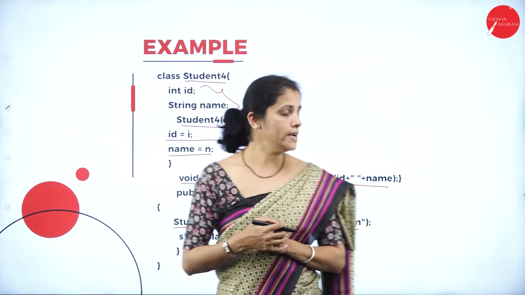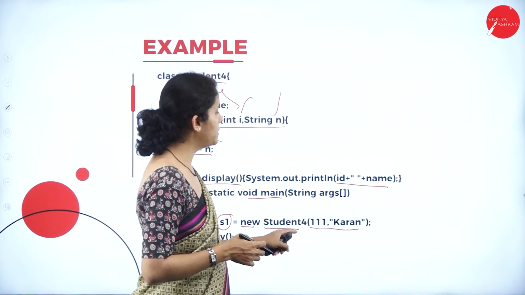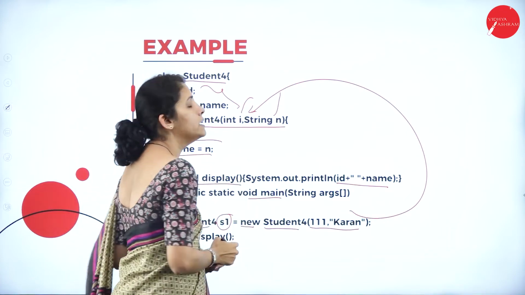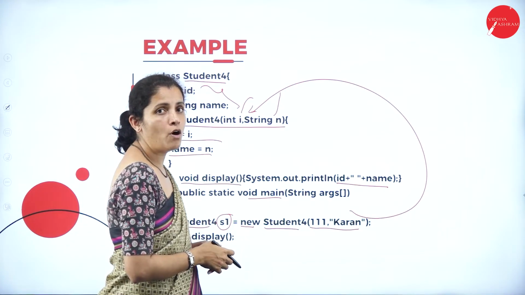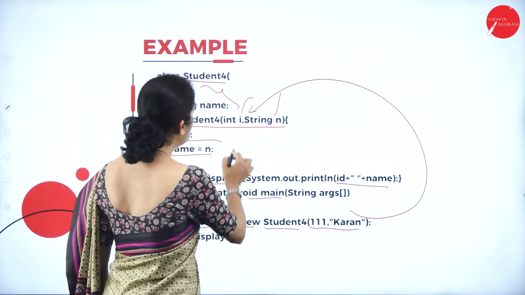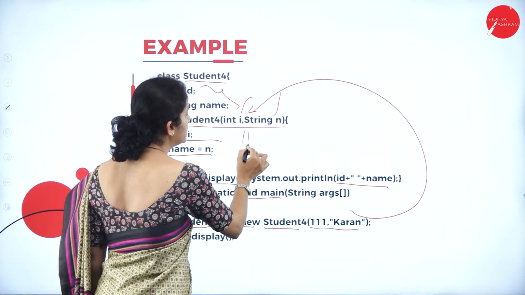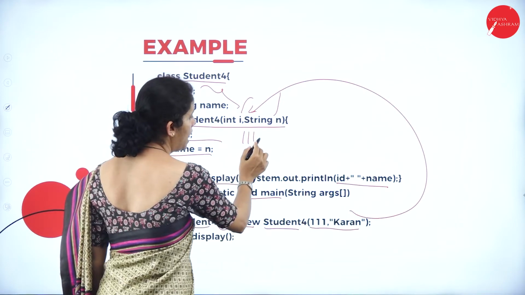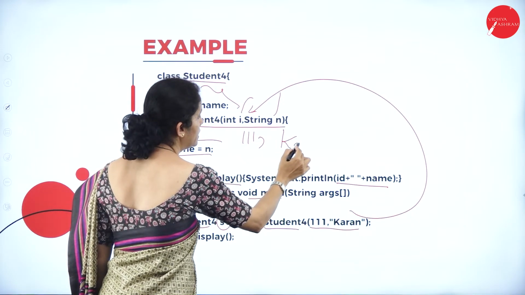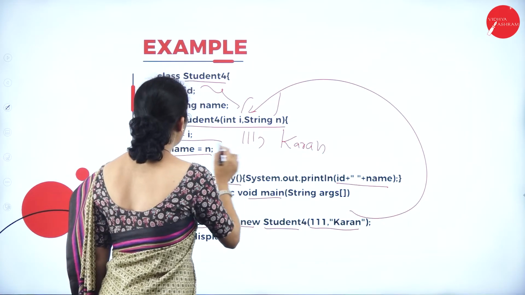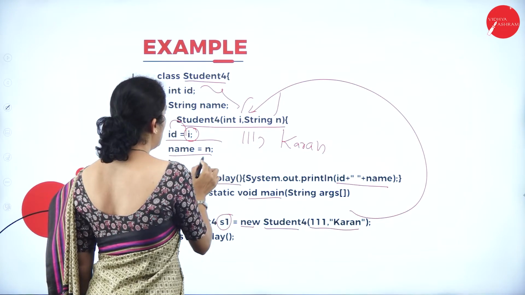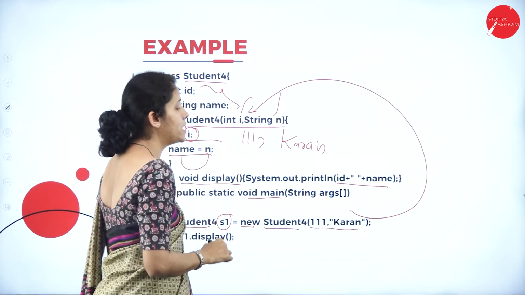When I pass the parameters, this parameterized constructor is responsible for receiving these values. Now what is I? I is 111, and string N is current. And I'm going to assign 111 to ID and current to name.